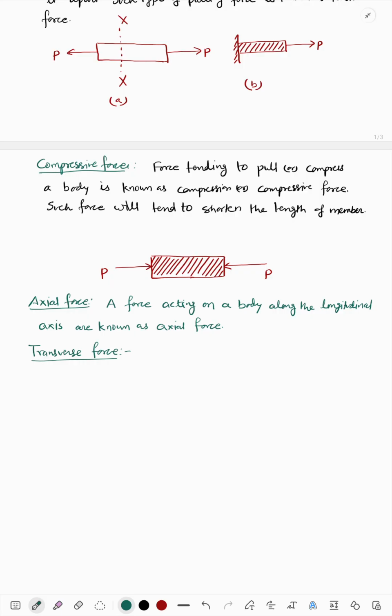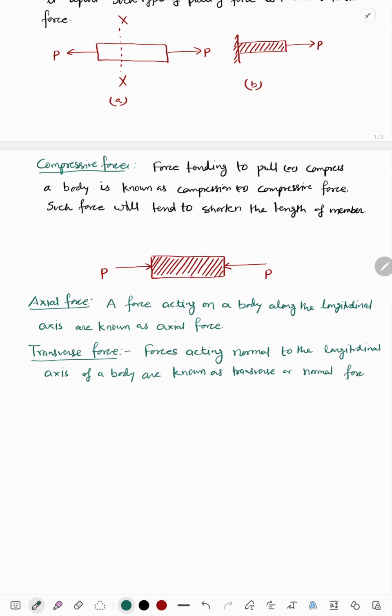Forces acting normal to the longitudinal axis of a body are known as transverse or normal forces.